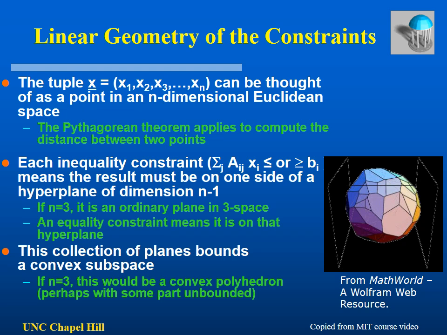Each constraint is a plane constraint, but when you intersect them all, you get this polyhedron that is shown here, and it is not any old polyhedron, but it's convex.